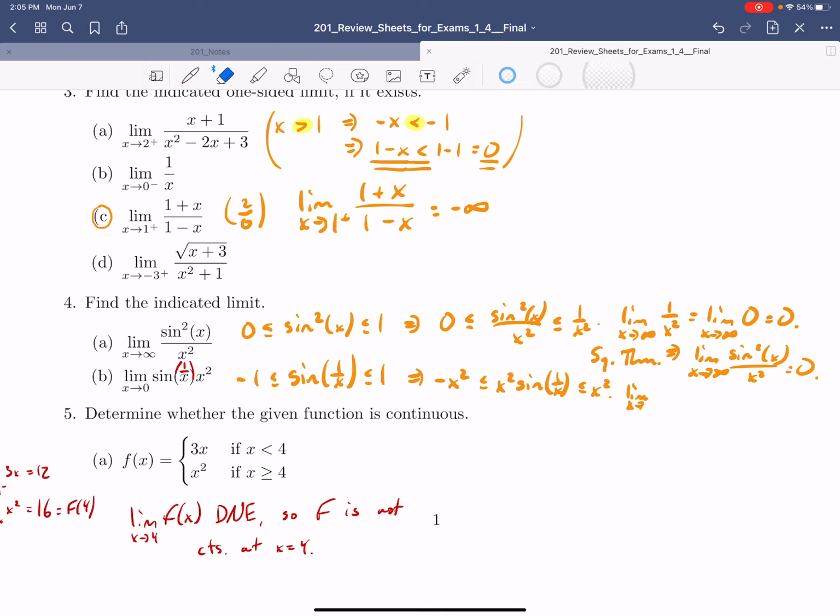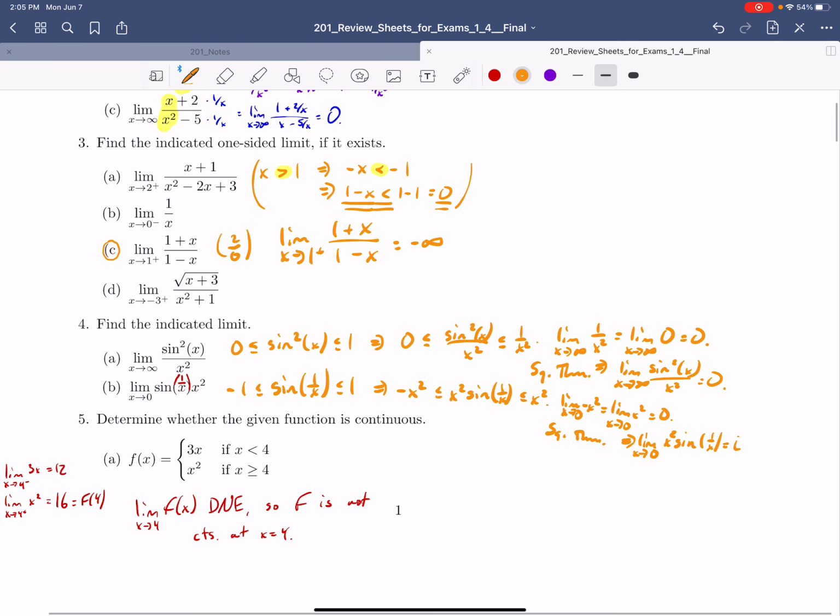Oh, no, I guess we're actually going to 0 in this case. All right, and so the squeeze theorem. Okay, so again, really rough sketch here.